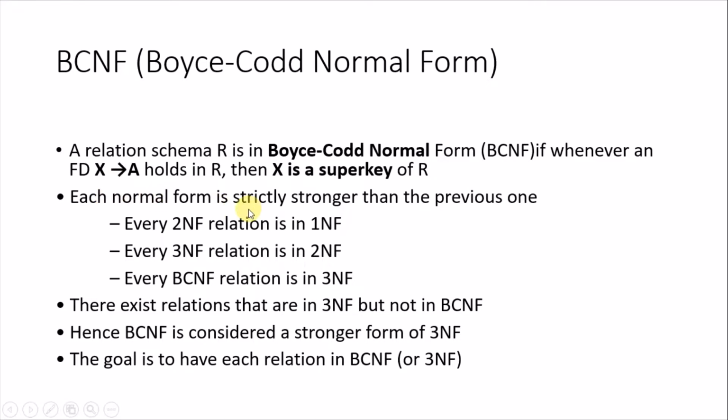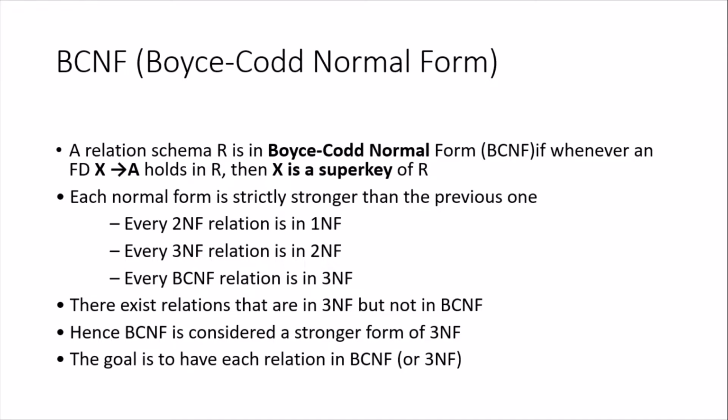Each normal form is strictly stronger than the previous one. That is, every 2NF relation is in 1NF, every 3NF is in 2NF, and every BCNF is in 3NF.